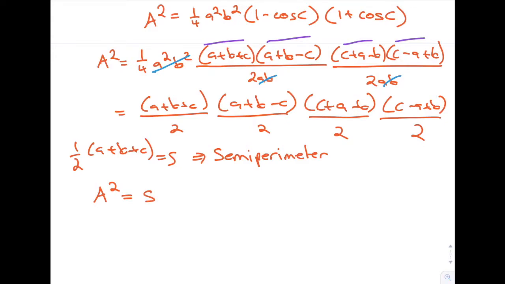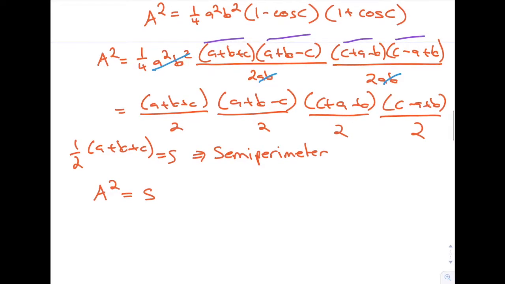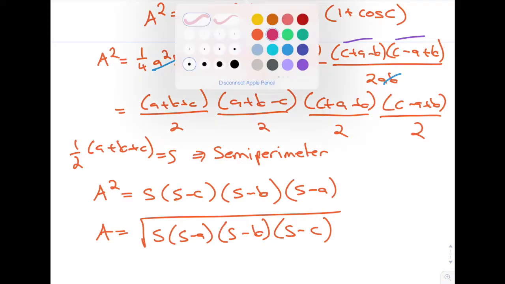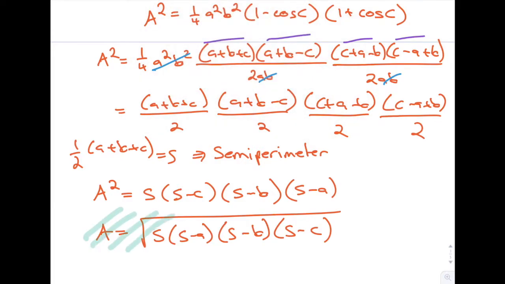And then you can think of the next one as being s minus c. So we have s minus c, then s minus b, and s minus a. And the very last step, take the square root of both sides. So we have the square root of s times (s minus a)(s minus b)(s minus c). Whew. All right, so this is another equivalent expression for the area of a given triangle.